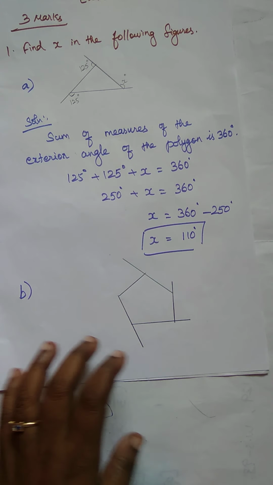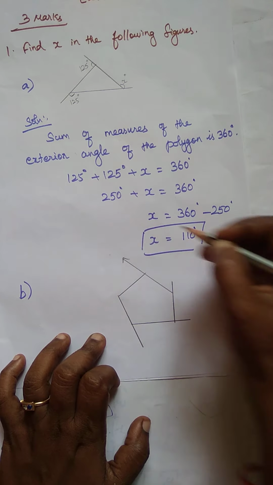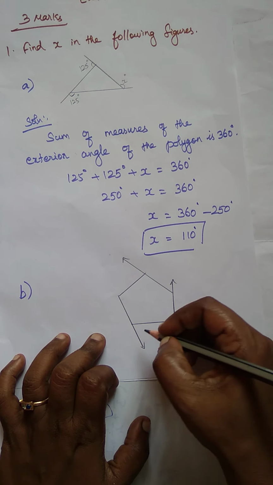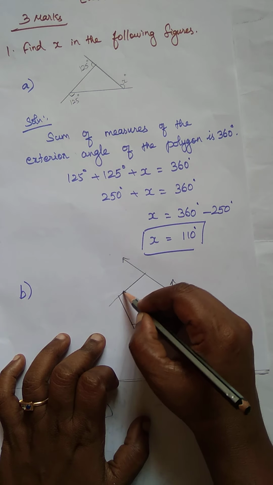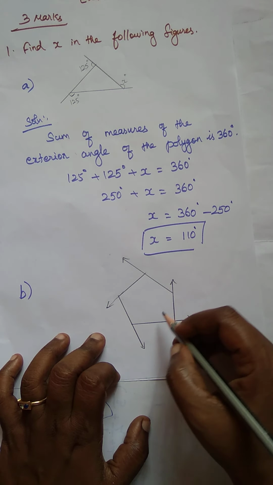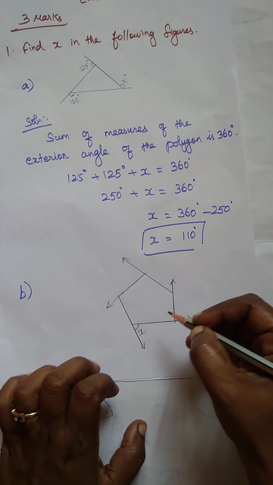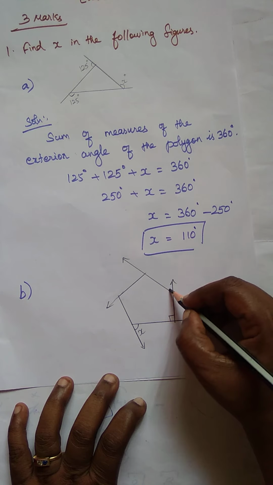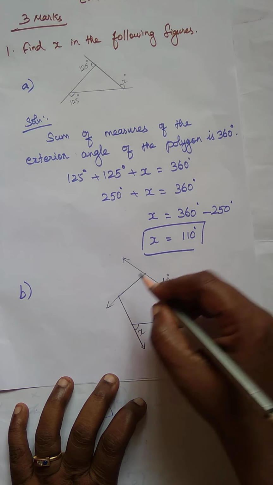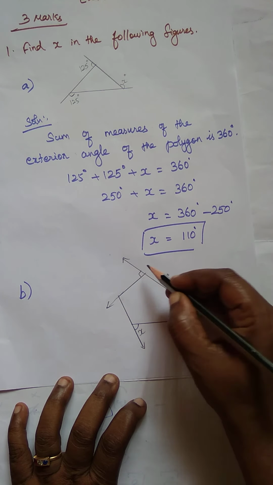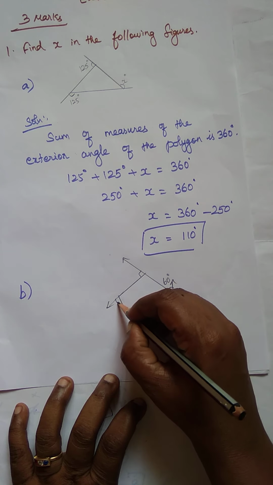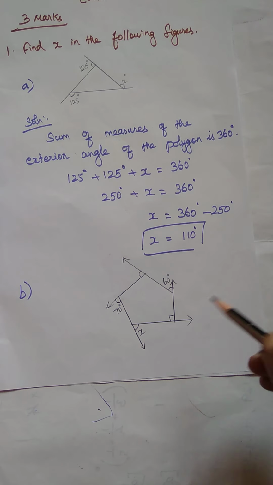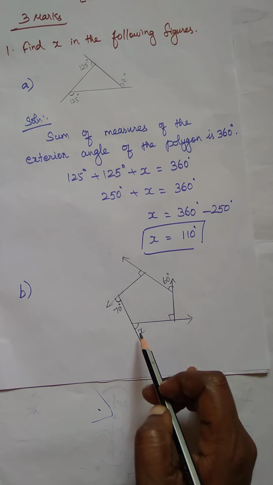Okay, right. This angle is x. It is 90 degree, 60 degree. Here also 90 degree. Here 70 degrees. So what exterior angles are given? See, this only we want to find.